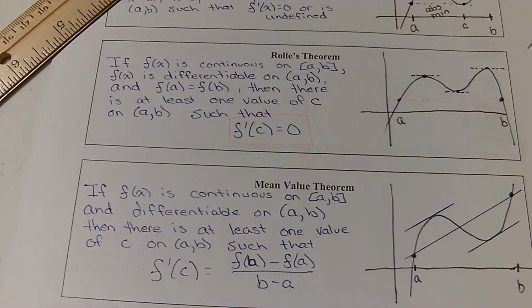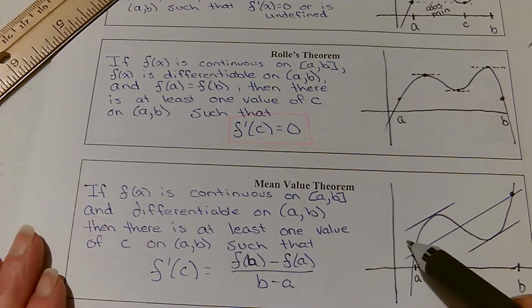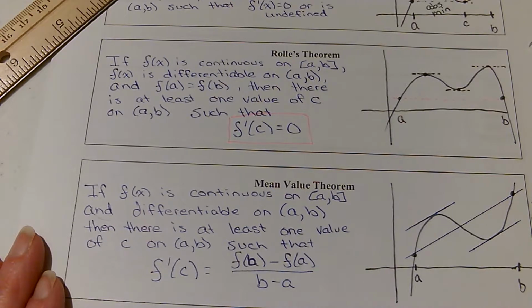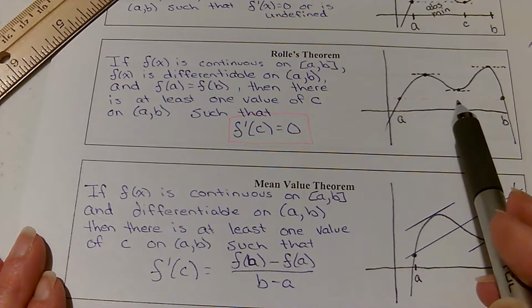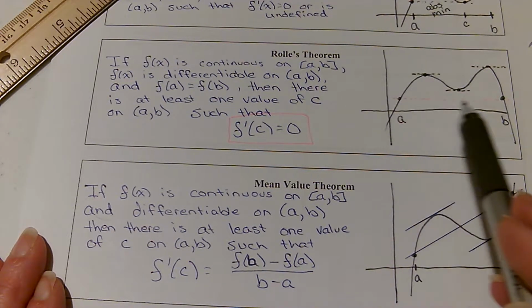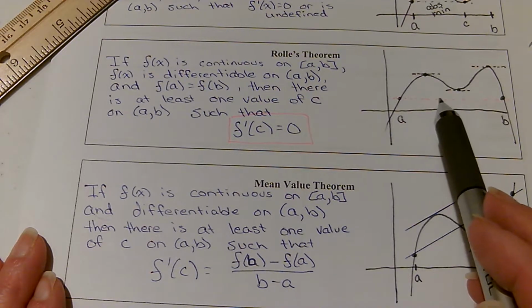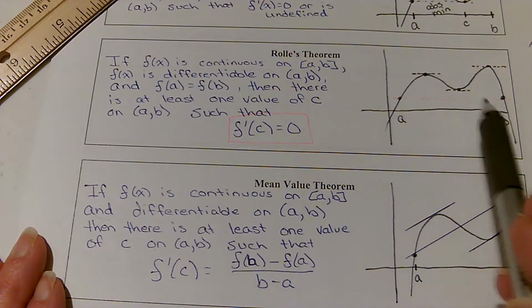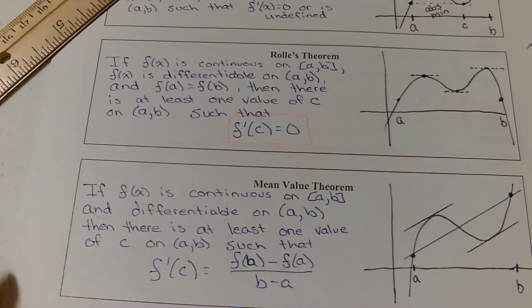So mean value theorem just says that there's going to be a tangent line that has the same slope as the secant line. Well, Rolle's theorem is just a specialized version of that. The secant line has a slope of 0, so we must have a tangent line with a slope of 0. Very, very similar.